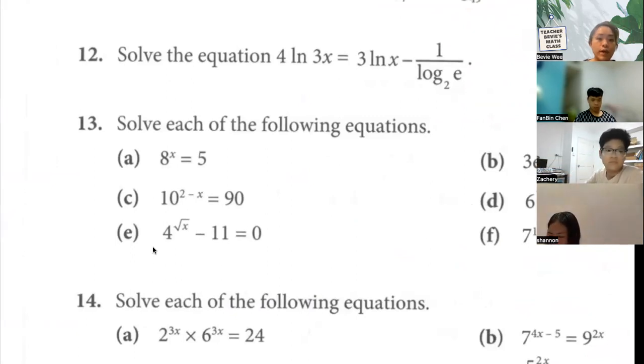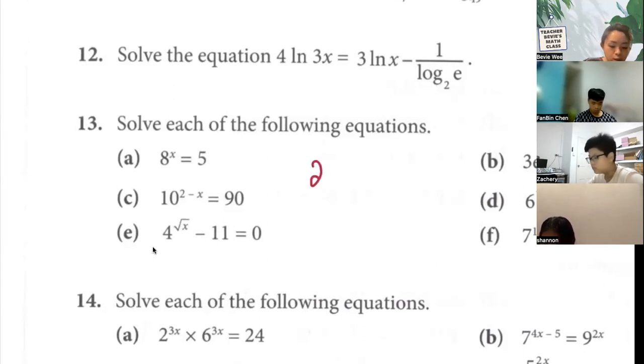This kind of solving looks a bit like indices, right? But 8 to the power of x equals 5. In law of indices, if we learn something like 2 to the power of x equals 2 to the power of 3, we can just say x equals 3.